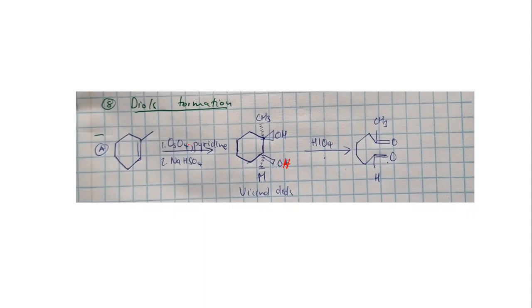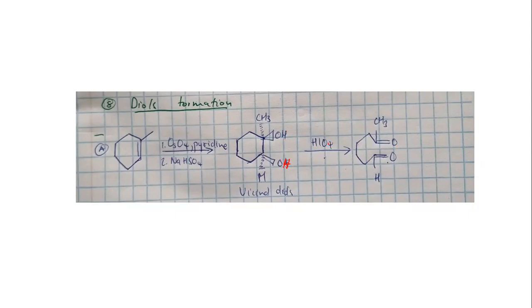When you see something like this, just know that there can be a further reaction whereby we're going to use HIO4 to cleave it. This is a reduction, this is oxidation. Remember, oxidation is addition of oxygen, but removal of hydrogen. And therefore, HIO4 for this reaction will remove these hydrogen atoms, and we're going to have a molecule that looks like this.